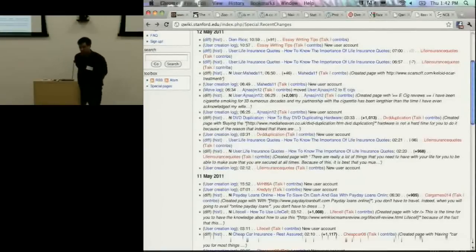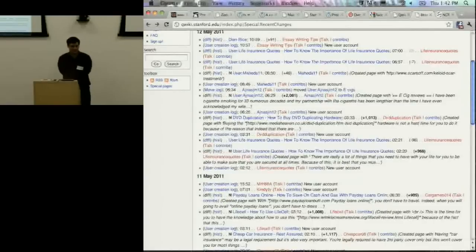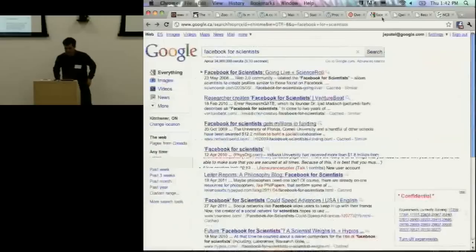So there's a general problem underlying both these open peer review or open commenting kinds of ideas, the Wiki, as well as many other ideas which have been tried. I'll just mention one other class of ideas. It's the so-called Facebook for Scientists idea.